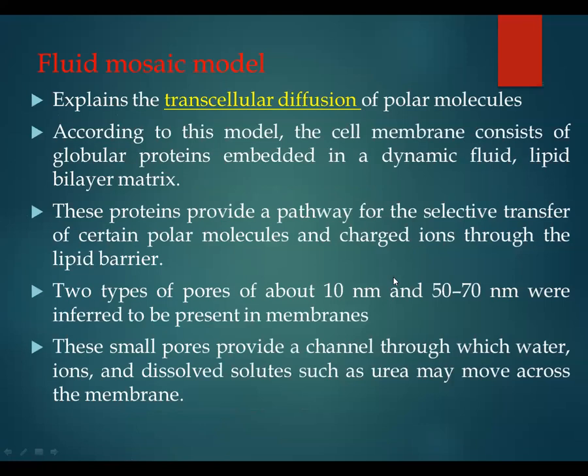The second one is the fluid mosaic model, which actually talks about the fluidity of the membrane, meaning the flexibility of the membrane. It is mainly based on the transcellular diffusion mechanism.